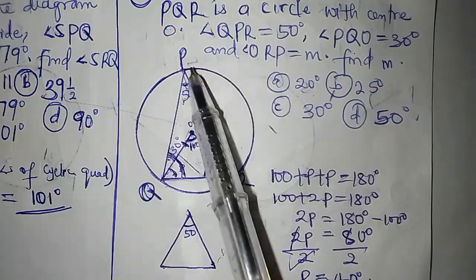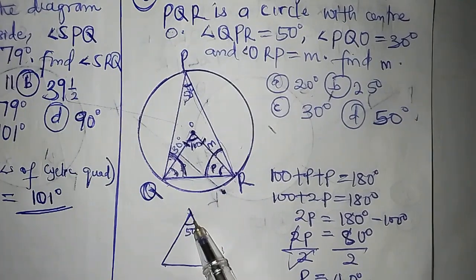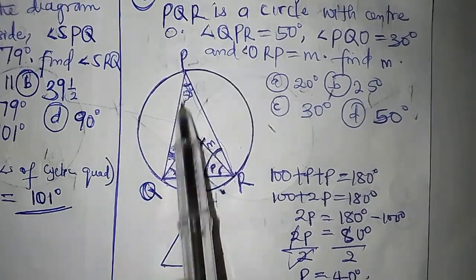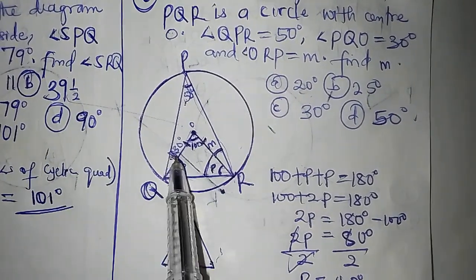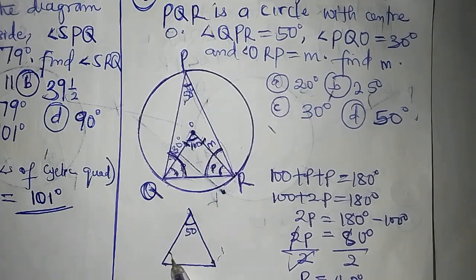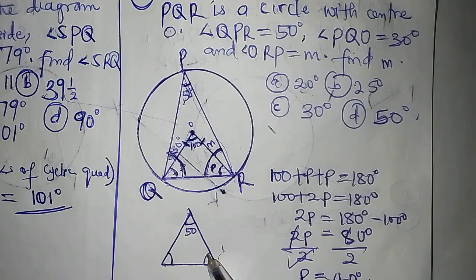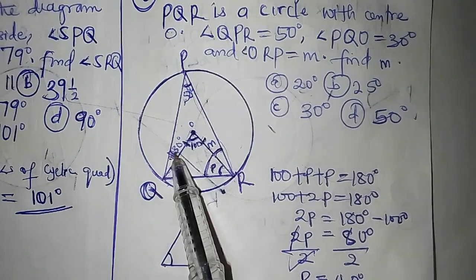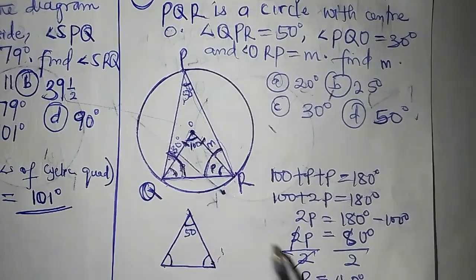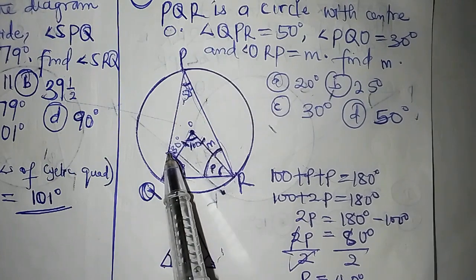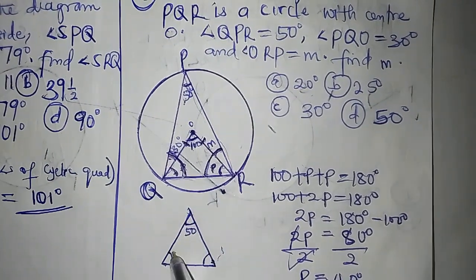I just replicated this triangle now. I drew it out. So the one here is 50. Everything here is what I will put here. And everything here is what I will put here. So here is 30 plus P. But we said P is 40. It means that this is 30 plus 40. So here is 70.